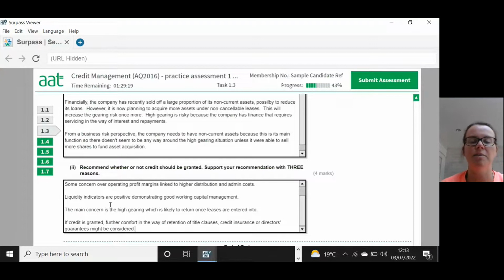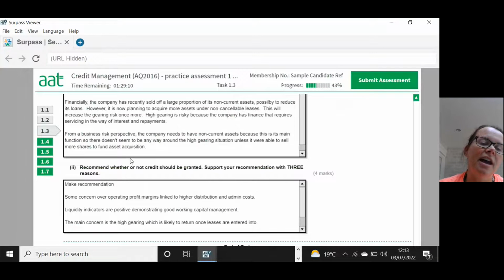So personally, I would just add that in, unless it's a no-brainer that it's absolutely a wonderful company to grant credit to. So maybe write your statements first, and then come and make your recommendation.